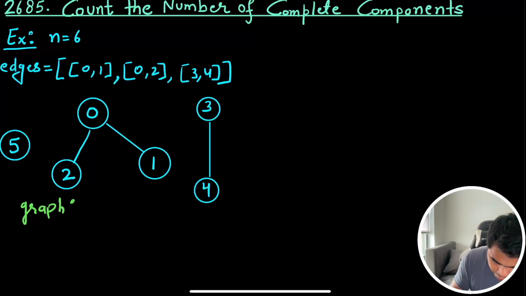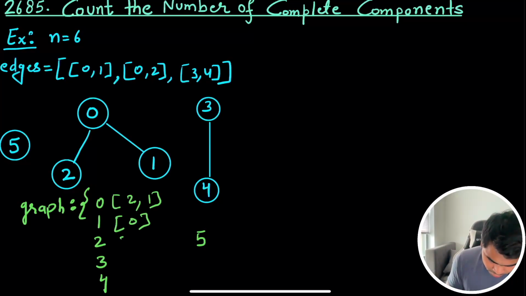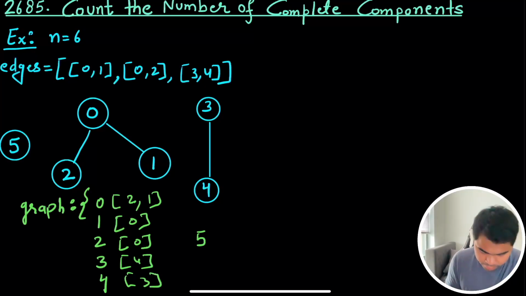So graph would be basically this dictionary, and I'll have 0, 1, 2, 3, 4 and 5, right? So 0's neighbors are 2 and 1. 1's neighbor is 0, 2's neighbor is 0, 3's neighbor is 4, and 4's neighbor is 3, and then 5's neighbor list is empty.